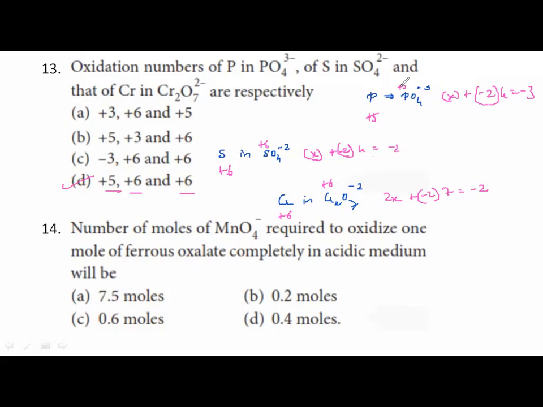Next question. Number of moles of MnO4 minus required to oxidize 1 mole of ferrous oxalate completely in acidic medium will be. Okay, we will see this reaction here. So MnO4 minus is required to oxidize 1 mole of ferrous oxalate completely in acidic medium.